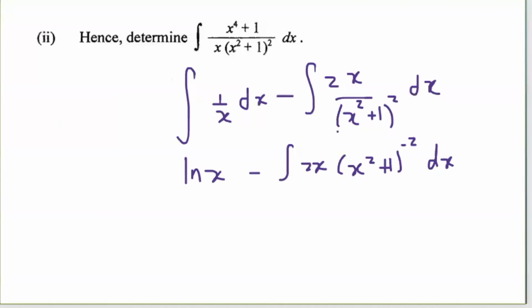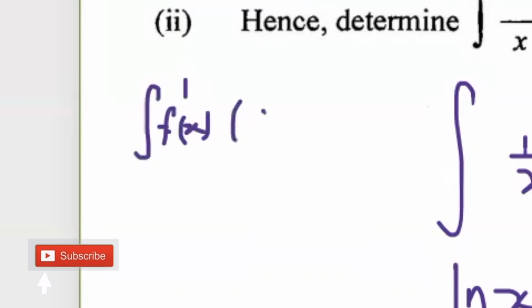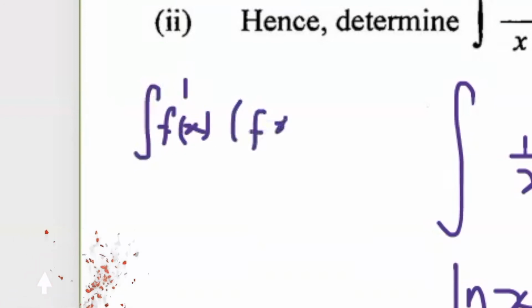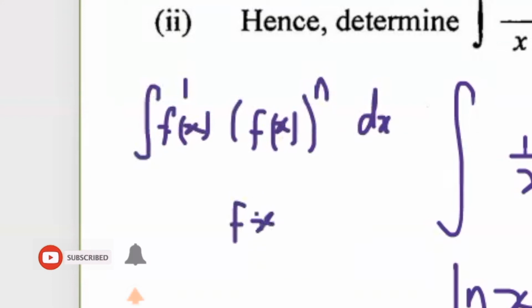Now we're going to integrate this by recognition. Let's look at the formula. If we have it in this format, where I have the derivative times the function within the bracket raised to the power n, the integral of something looking like this will be f of x raised to the power n plus 1 over n plus 1.